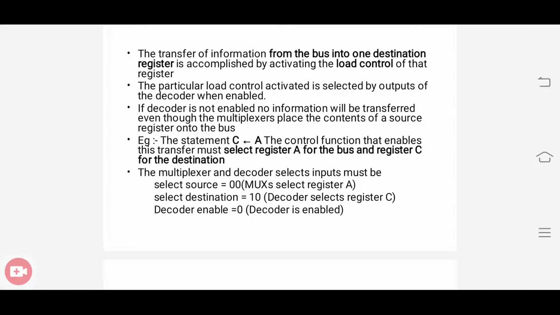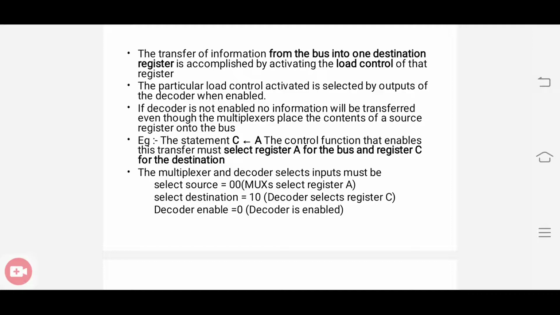And what is the use of the multiplexer? It selects the content of one of the source registers, and can place that data into a particular bus. And what is the use of this destination decoder? It selects one of the destination registers.